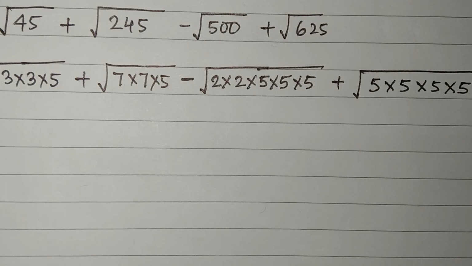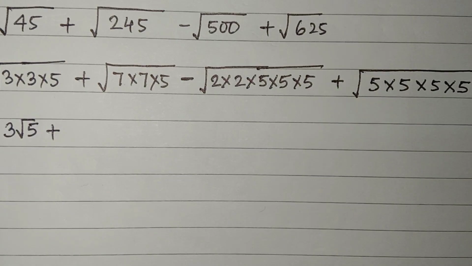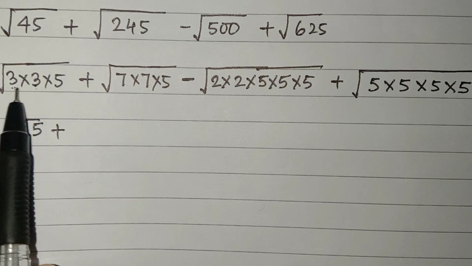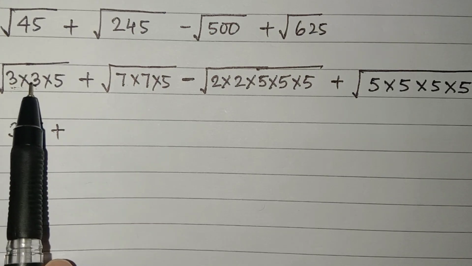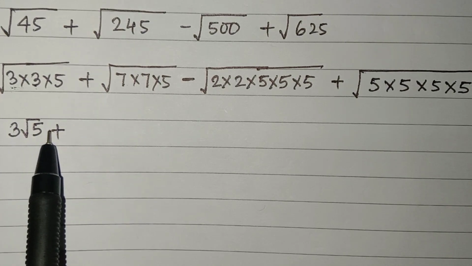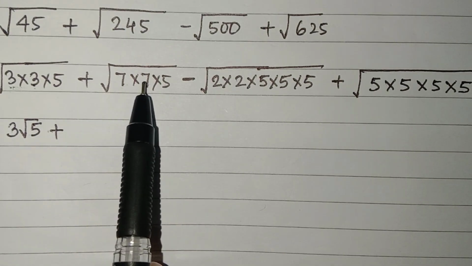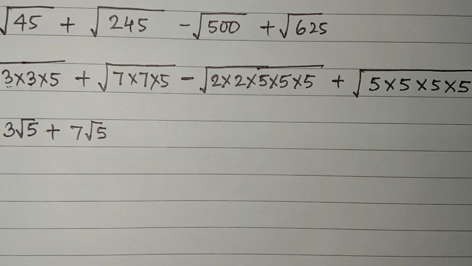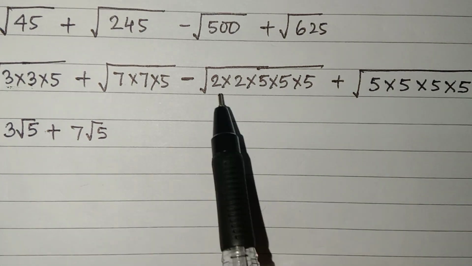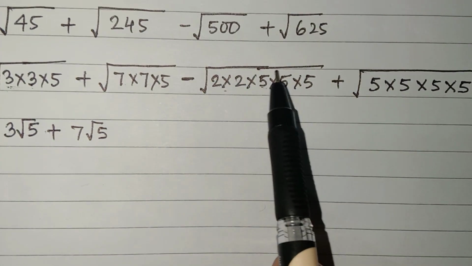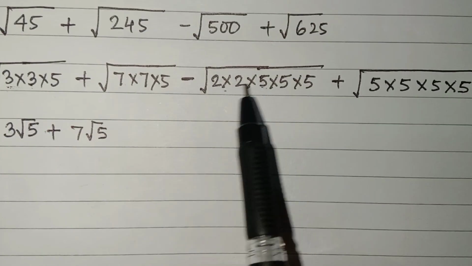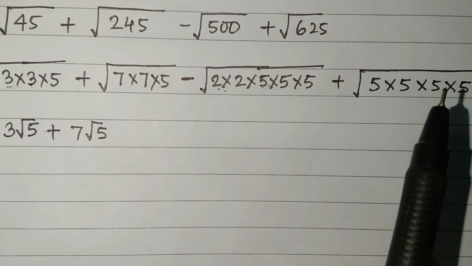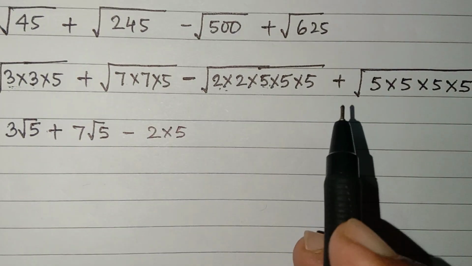Now let's try to find out. From the first, we got that 3 is making a pair, a pair of 3, that means this 3 will be free from the square root, so I got 3 root 5, and here 7 is making a pair, so 7 will be free from the root, hence I get 7 root 5, and in the third, I can see that 2 is making a pair as well as this 5 is making a pair, so 2 times 5 will be free from this square root, and this 5 is still inside the square root.